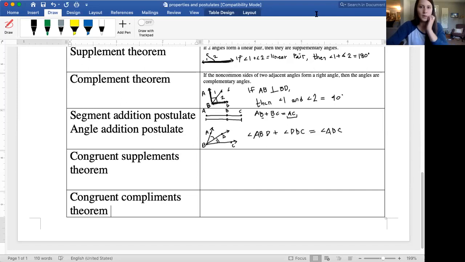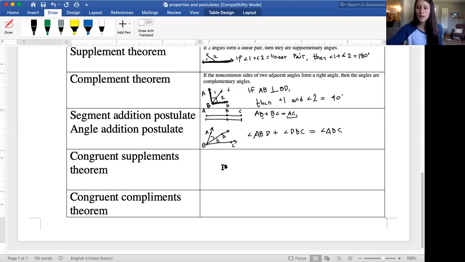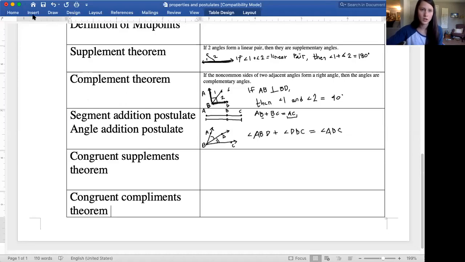And we'll take a look at what these are here. So these two theorems basically describe what we just looked at in that last problem on number 3. Let's write out what it's saying, and then we'll talk about it.